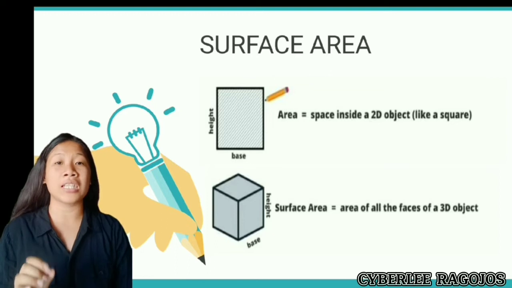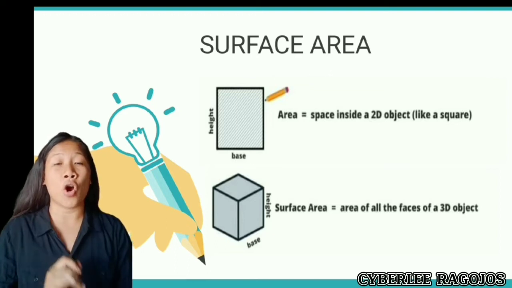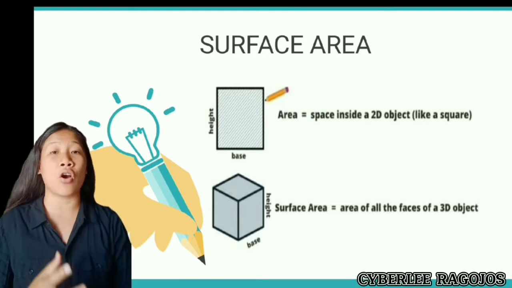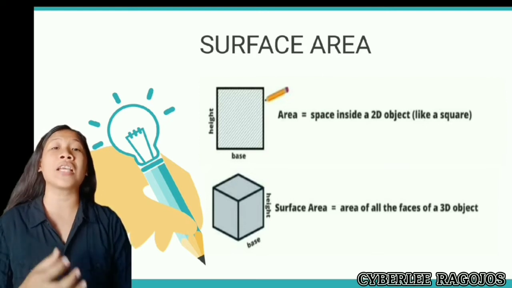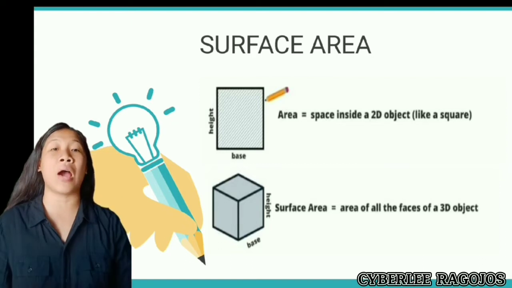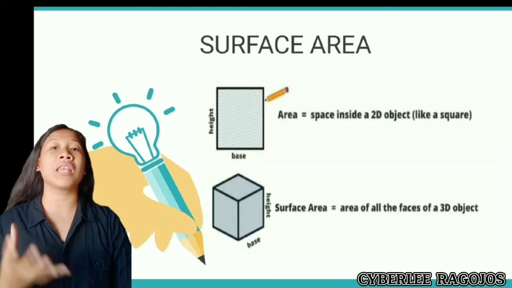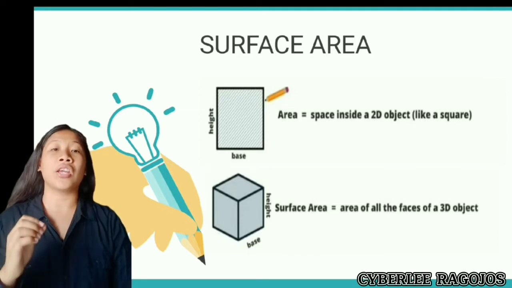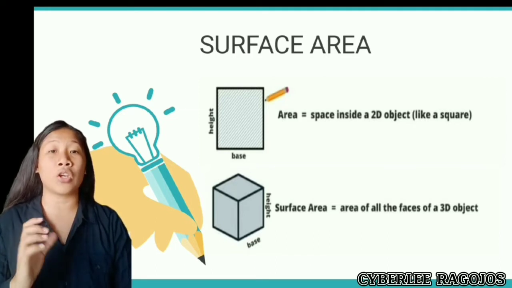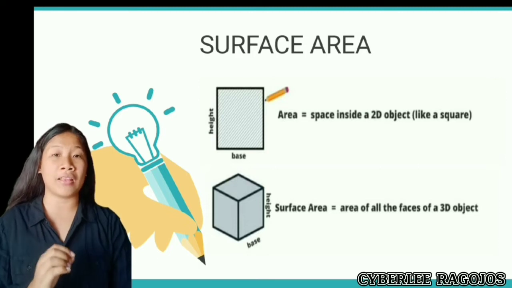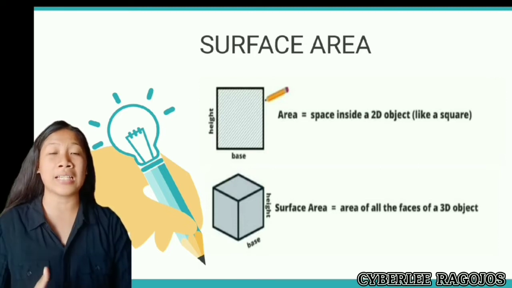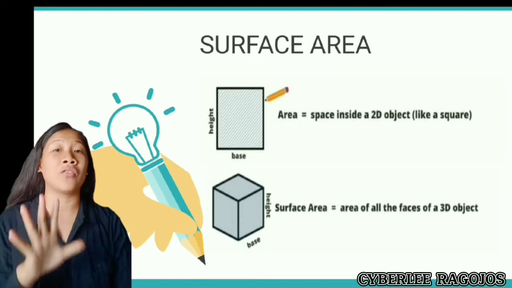Surface area is the area of all the faces of a 3D object. If we look at a 3D object like a cube, the surface area is all the space on the outside of this 3D shape. So to calculate area, we can take a pencil and color the area of the faces of the cube. So kung mapapansin natin, class, sa cube na yan ay may 6 total faces.